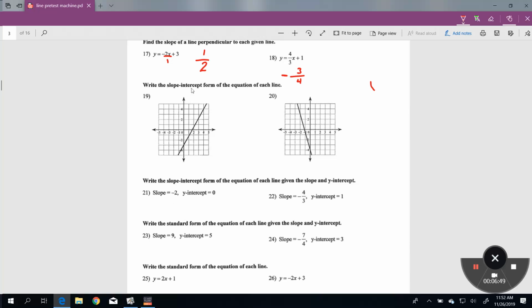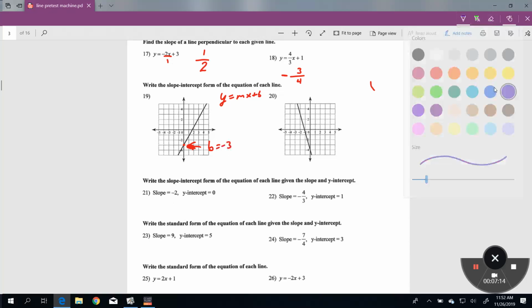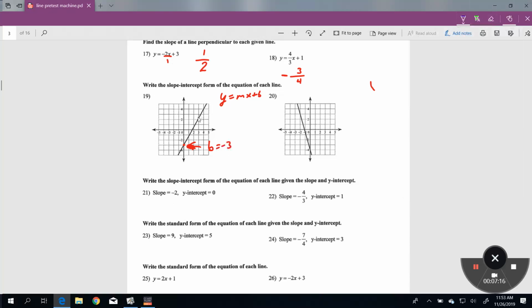So this one says, write the slope-intercept form, so y equals mx plus b. So there's the y-intercept. That's b equals negative 3. And then the slope, I'm looking to find where they intersect really well.